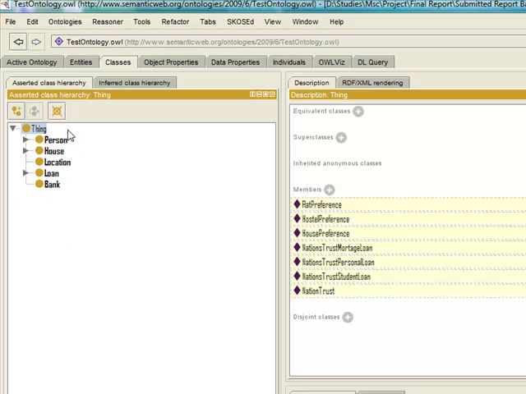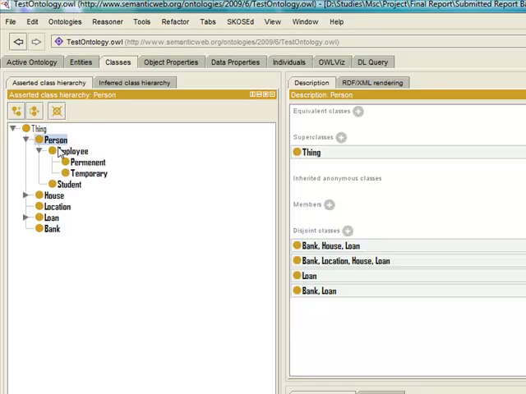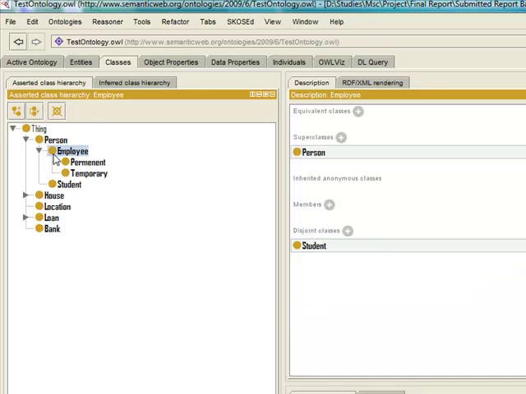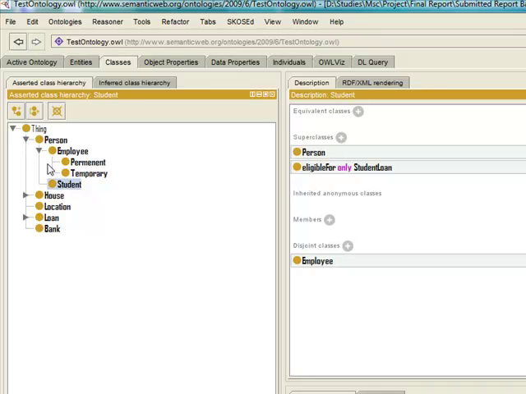A set of classes are defined to represent concepts like the person class. Employee is a person, and permanent and temporary are subtypes of employee, and a student is again a person.